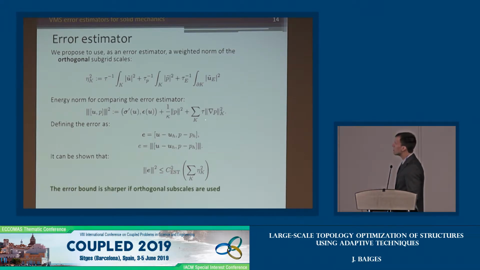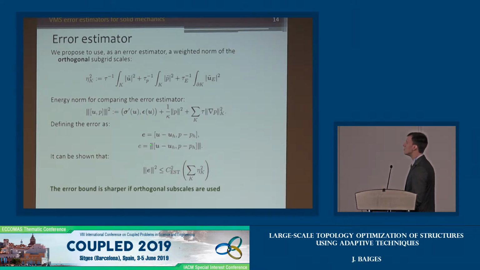We are also going to define an energy norm in order to assess the performance of the error estimator, which is simply this energy norm here, which accounts for the deviatoric deformation energy plus this norm of the pressure.